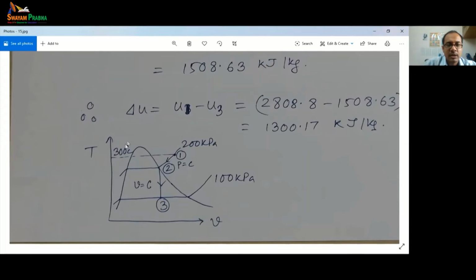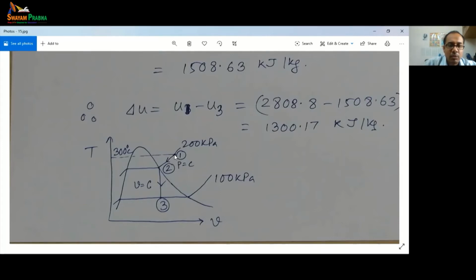Here the initial state was 200 kPa and 300 degrees centigrade. We have seen that it is in the superheated vapor region. That's why we have drawn point 1 in the superheated vapor region, beyond this saturation dome.